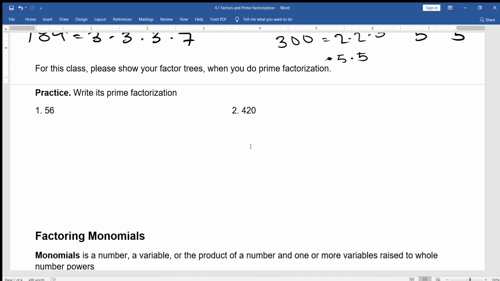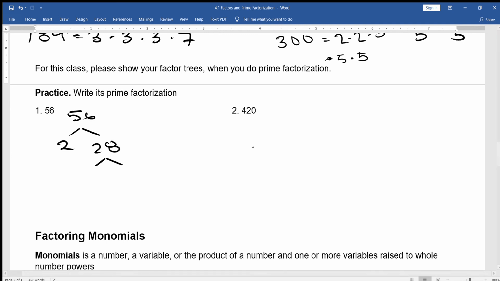Okay, hopefully you guys tried it. 56. First of all, start with 56 at the very top. Two numbers that divide 56. Start with the smallest prime number, 2. And 56 divided by 2 should give you 28.